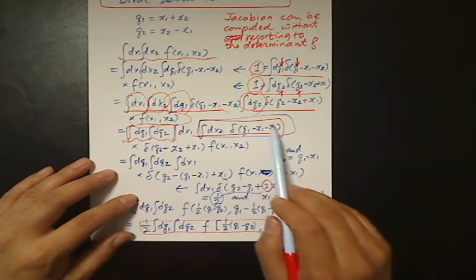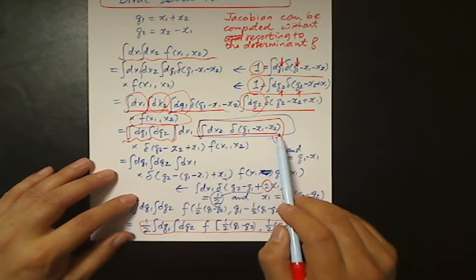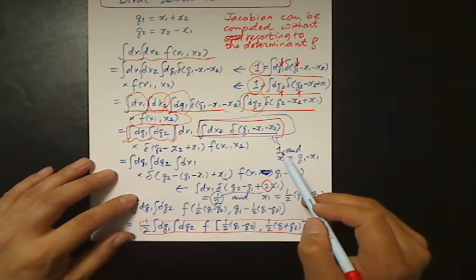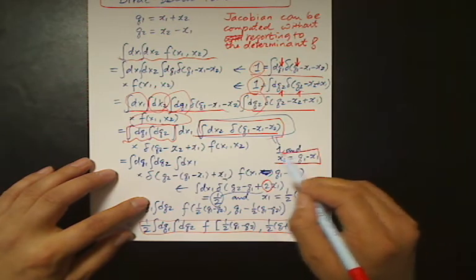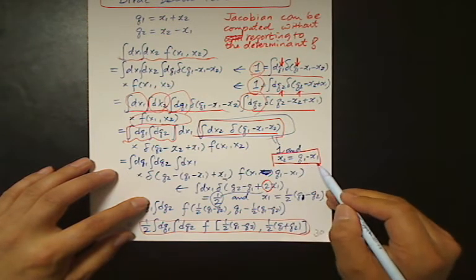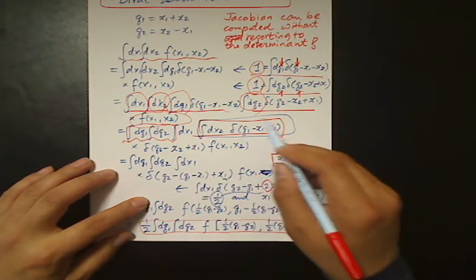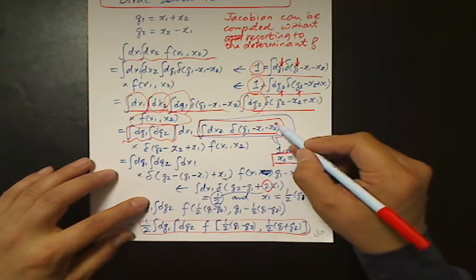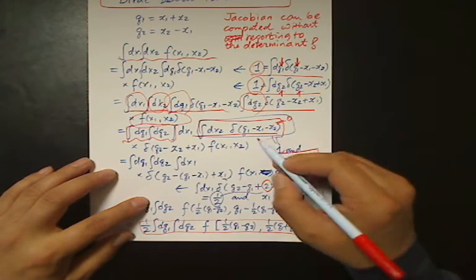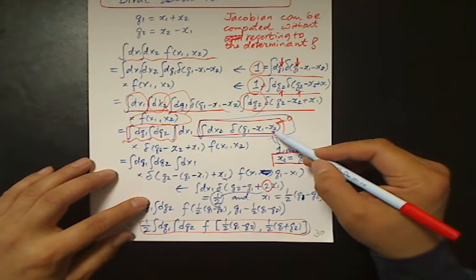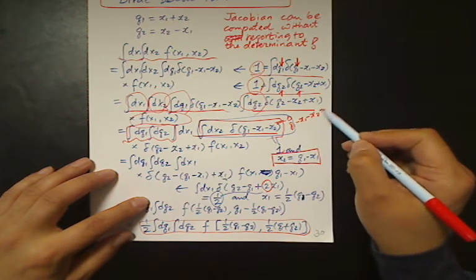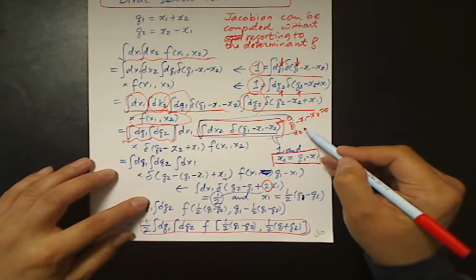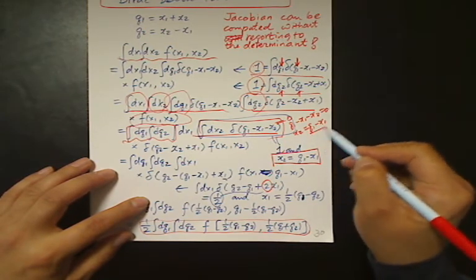So this value is just identity. And after this calculation, what we find is x2 equals q1 minus x1, because this one equals 0, q1 minus x1 minus x2 equals 0, means x2 equals q1 minus x1, right?